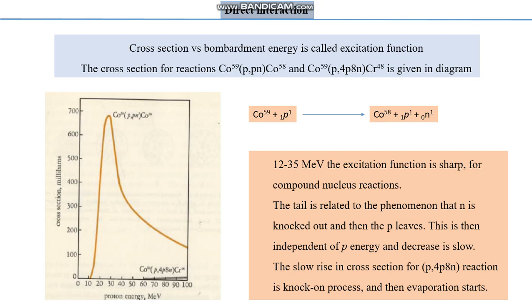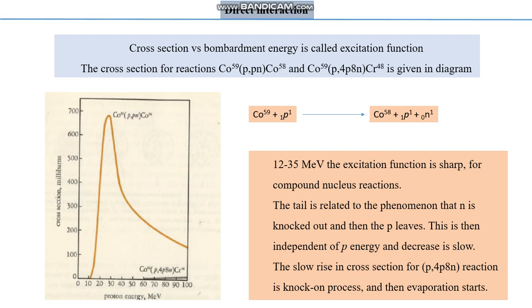In the direct interaction, or in all previous or current topics, we came across a concept that is excitation function. Excitation function is a relationship between the cross section of a nucleus and the energy of the bombarded particle.